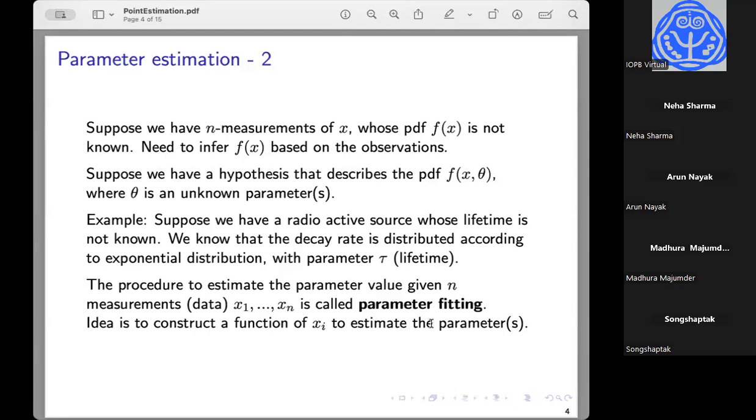Now the procedure to estimate this parameter, given that we have n observations or measurements, which we call data, is called parameter estimation. That means we want to construct a function of these observations to estimate this parameter.